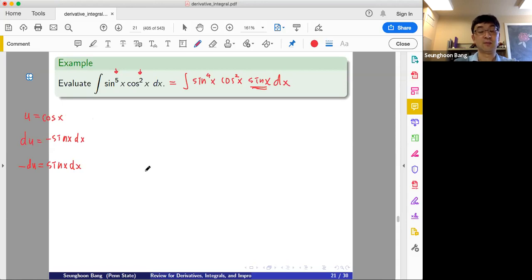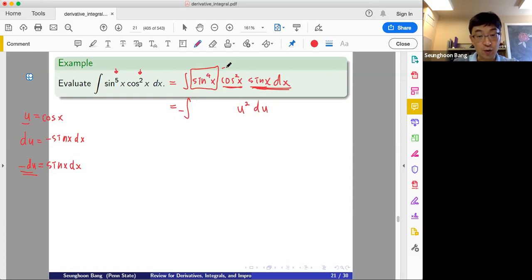So what happens? In the integral, cosine x is exactly u, so you change it to u squared. Sine x dx is negative du. Take out the minus sign. How can you rewrite sine to the power 4? You can use an identity.